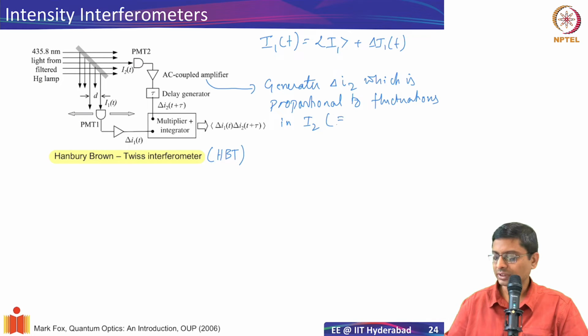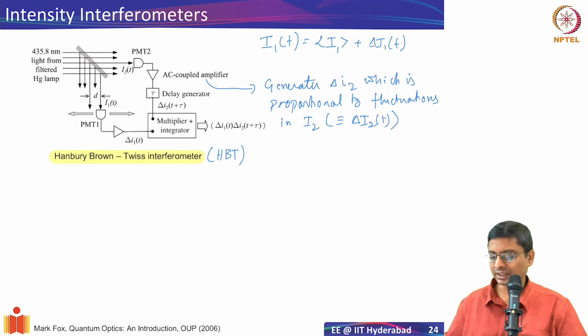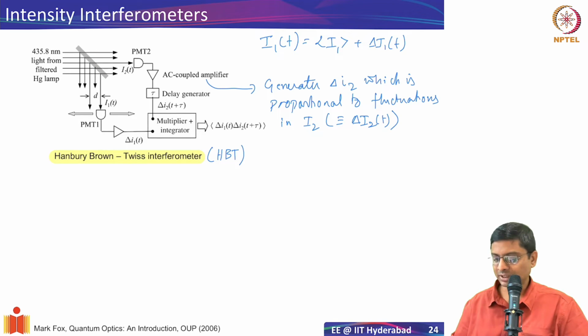What are the fluctuations in I2? Delta I2 of t. The average value, the DC value, will be blocked by the capacitor, and you essentially have only the AC coming in. Similarly, you have the same thing here. You will have delta I1, and then you take a product of it.